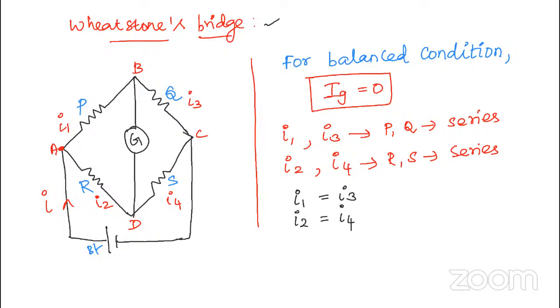From that we write P by Q is equal to R by S. So this is a very, very important formula for the Wheatstone bridge. P by Q is equal to R by S.